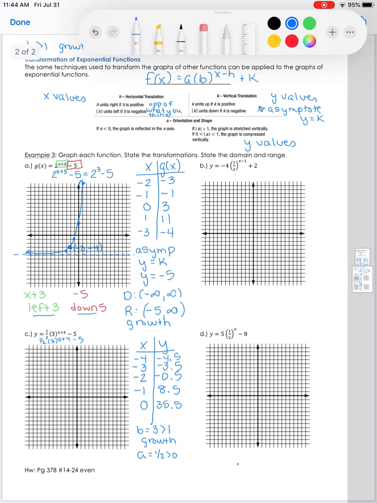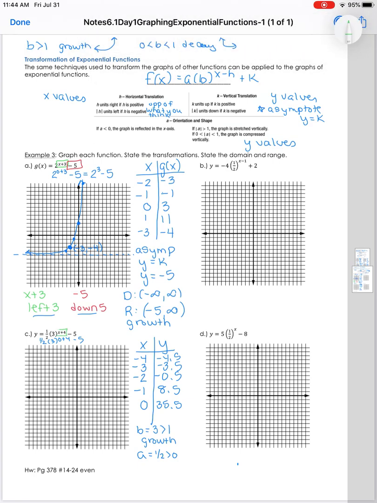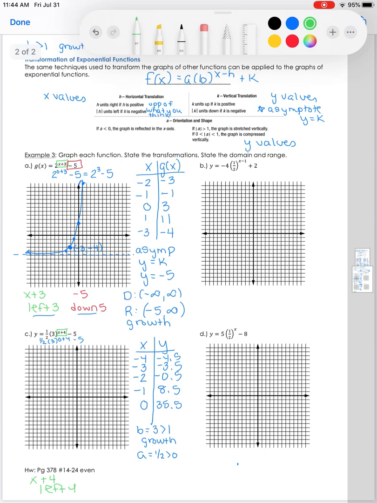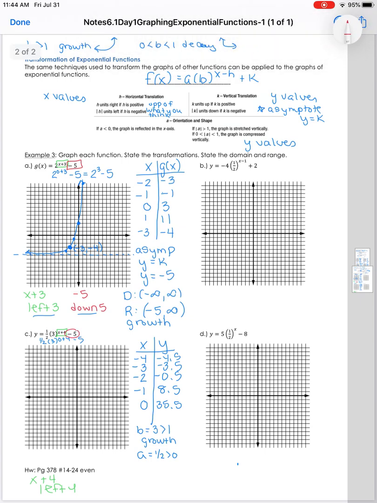But according to what my transformations tell me, I've got x plus 4. So x plus 4 means I'm going left 4 from the original y-intercept. And this -5 again is telling me I'm going to go down 5.